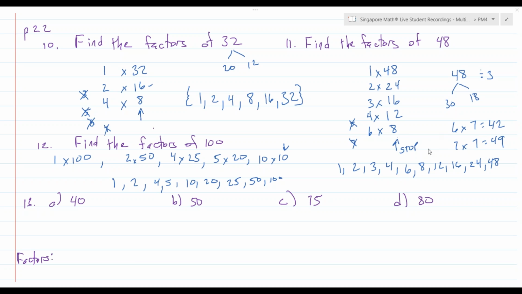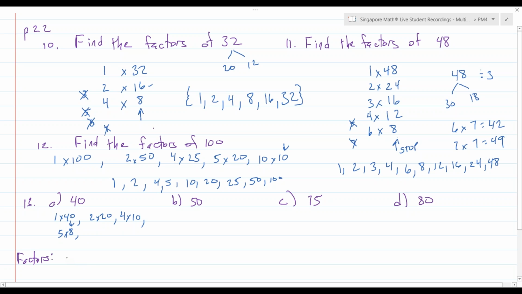So then, number 13 gives us some practice, before we quit doing factors, of finding them. Again, great time to pause, try it on your own, see if you get all the factors. 40, of course, is 1 times 40, 2 times 20, 3 doesn't work, 4 times 10 works, 5 times 8 works, 6 and 7 do not work, and now I'm back to 8.